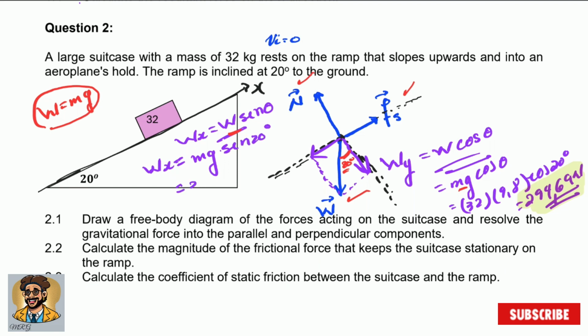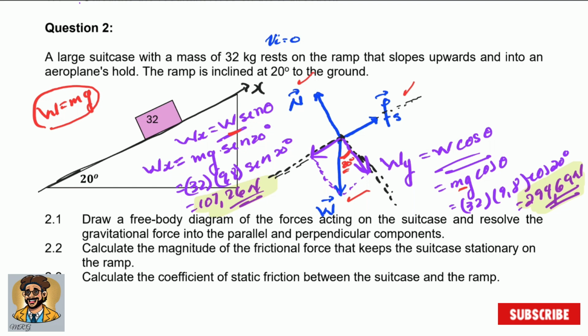The mass is 32, 9.8, sine 20 degrees, and the answer is 107.26 Newton. Now we have the vertical and we have the horizontal component of the gravitational force or weight.